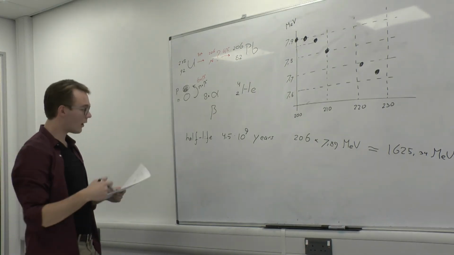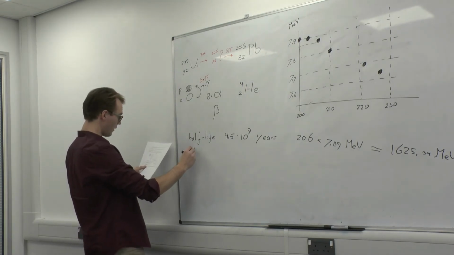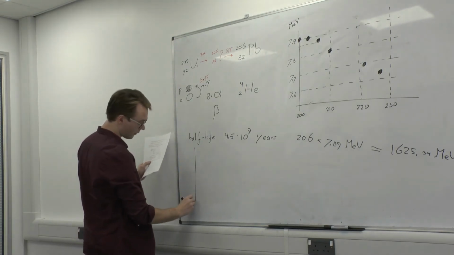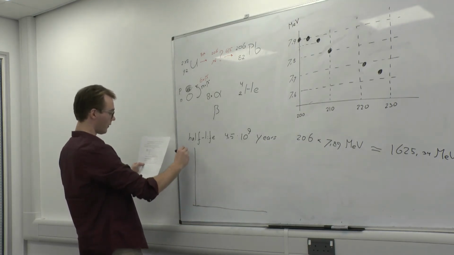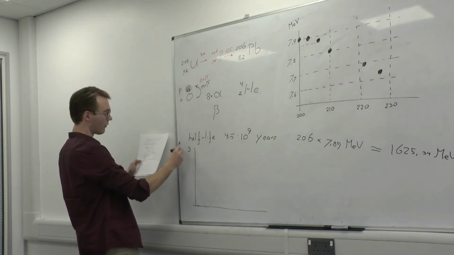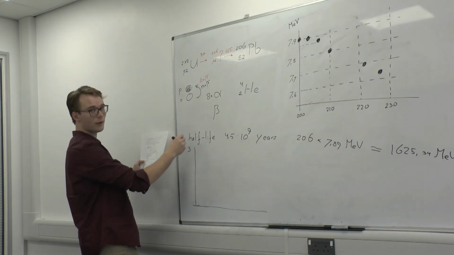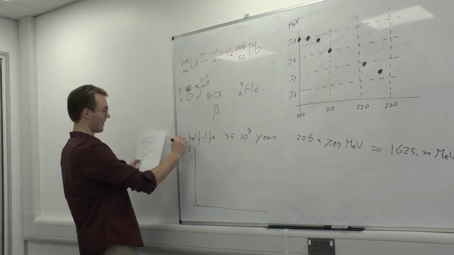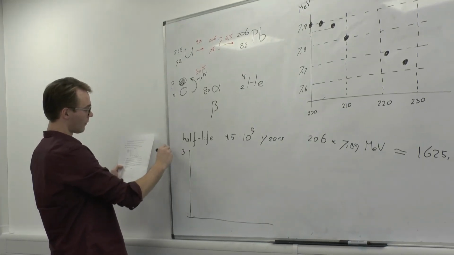So if you now have a rock that, when it is formed, contains 3 times 10 to the 22 atoms, everything here is the number of atoms times 10 to the 22. Is it readable? Should I write it a bit bigger? Nice. All right.